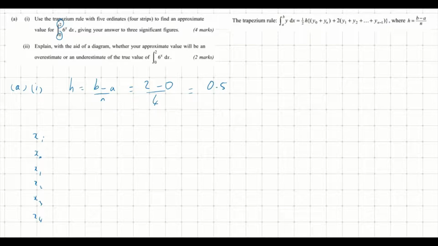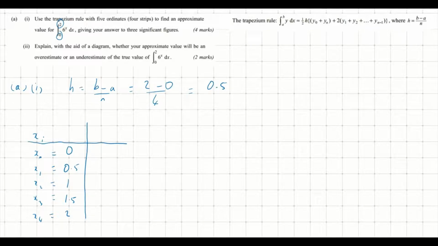That's my 5 ordinates. And what are these values of x? Well, my first one, x0, is where I start. It's my value of a, just 0. Then for x1, I'm going to add h, so I'll add 0.5. And I'm going to keep adding h. So 1, add h again, 1.5, and add h one more time, 2.